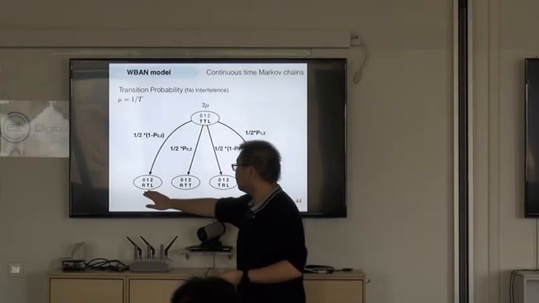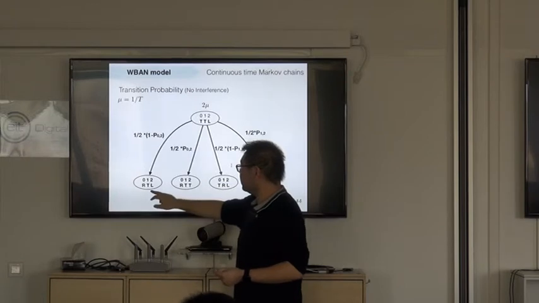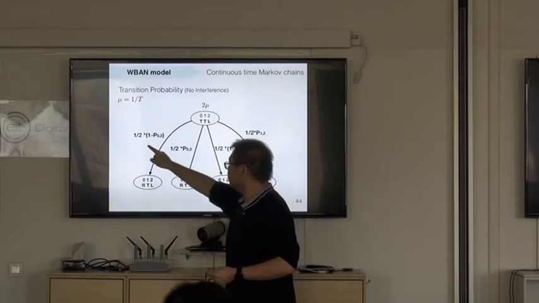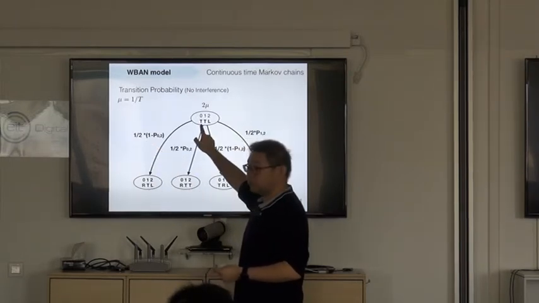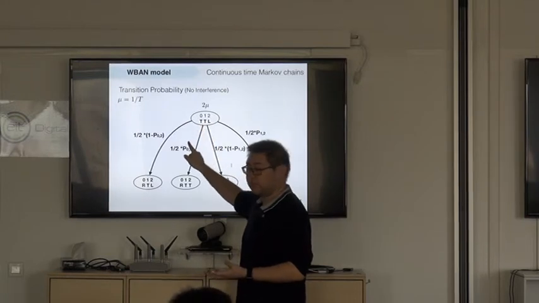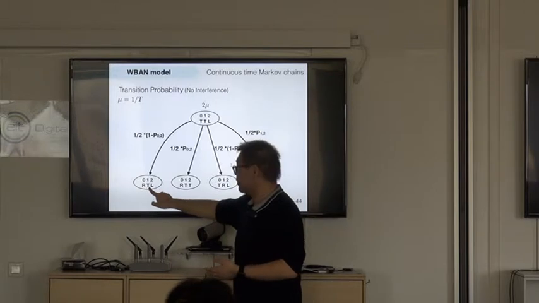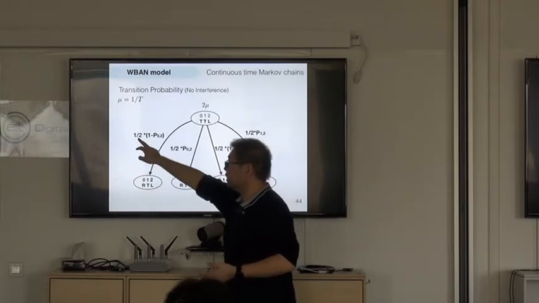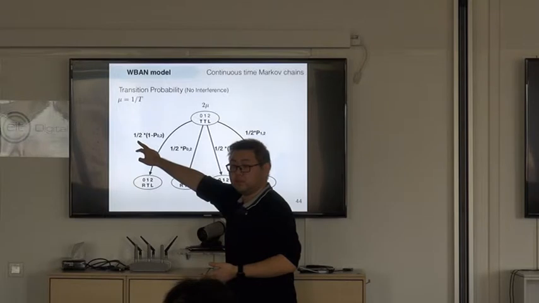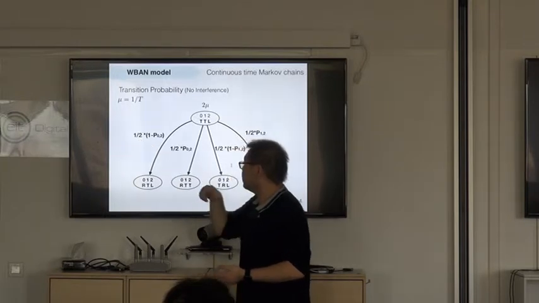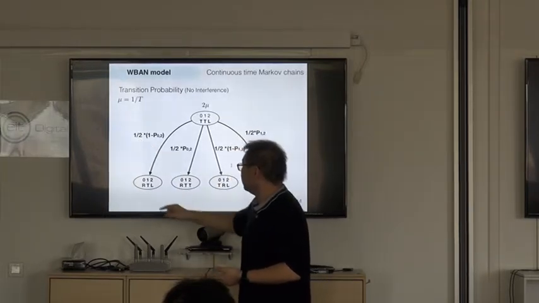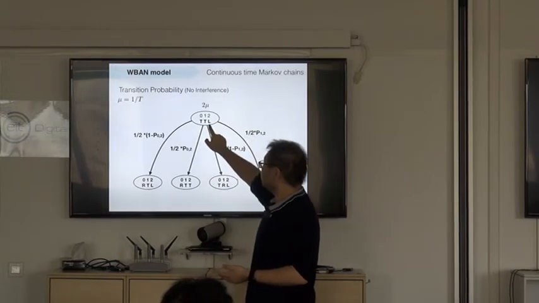For example, what is the probability to go from here to here? It's the probability that the first node finishes the transmission first. So this one changes to R, and the other T stays in T, and this probability is 50%. So we have 0.5 here.